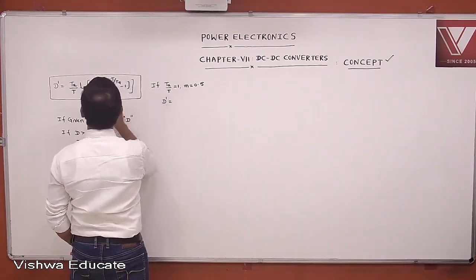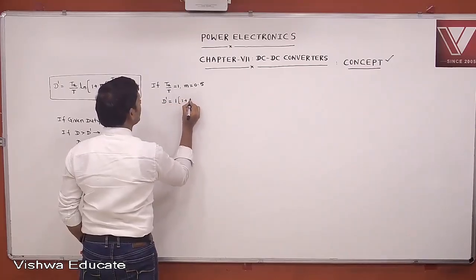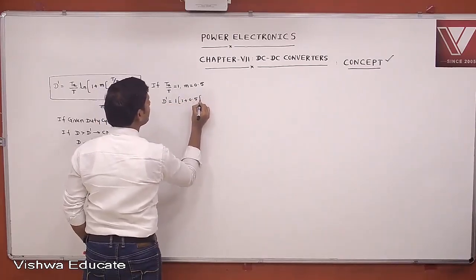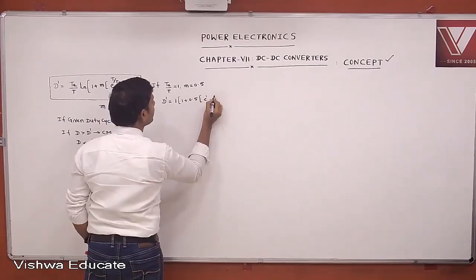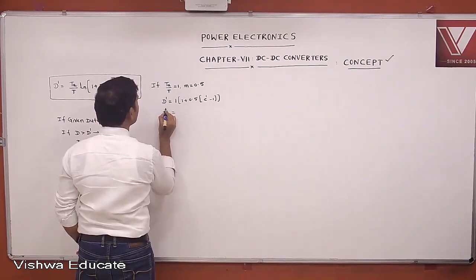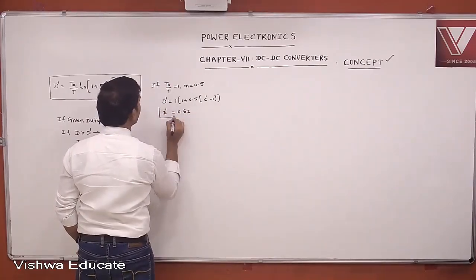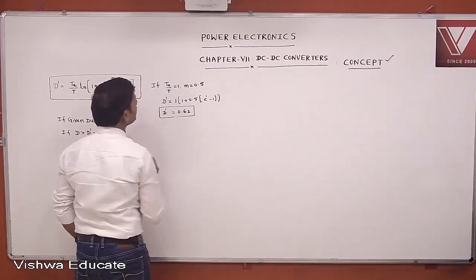D dash equals Ta by T is 1, 1 plus m is 0.5, e power 1 minus 1. This we get D dash is nearly equal to 0.62. Approximately I am giving, D dash equals 0.62 you can get.